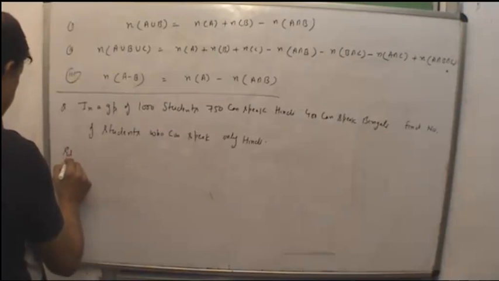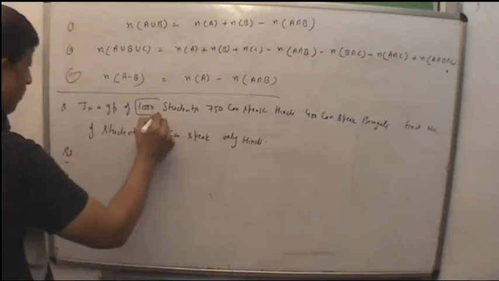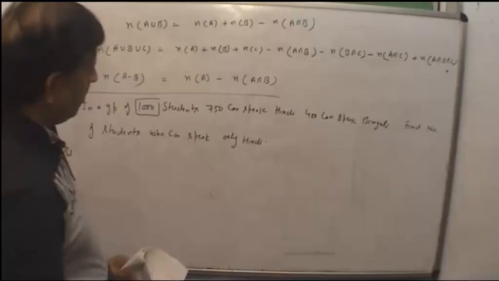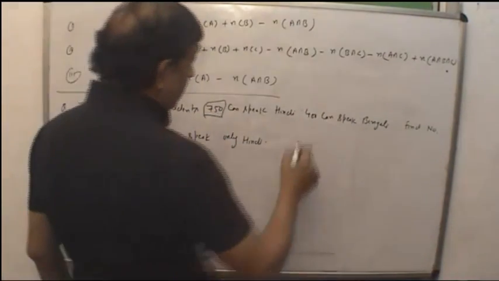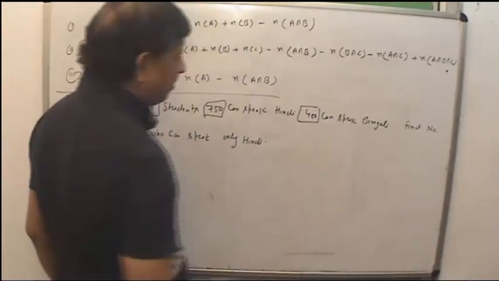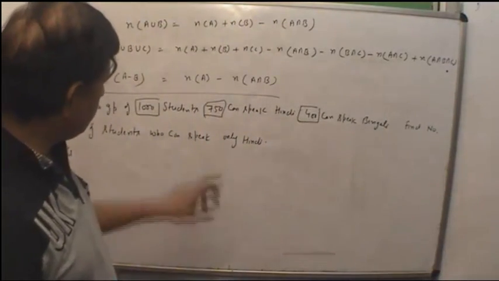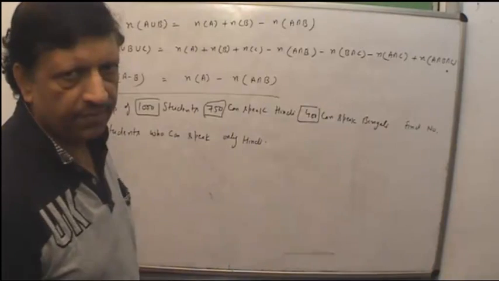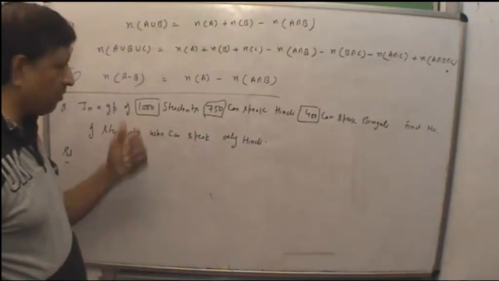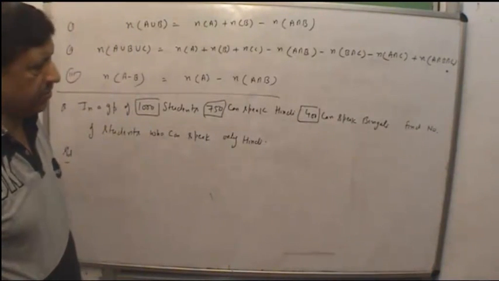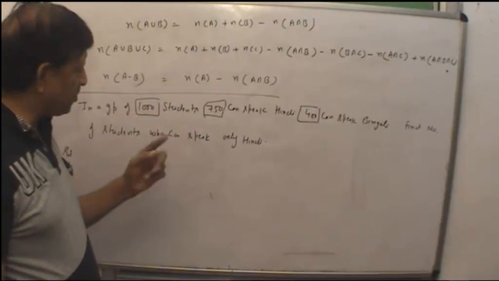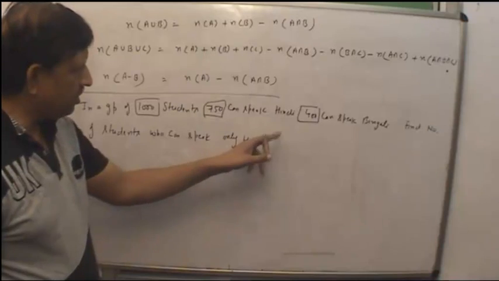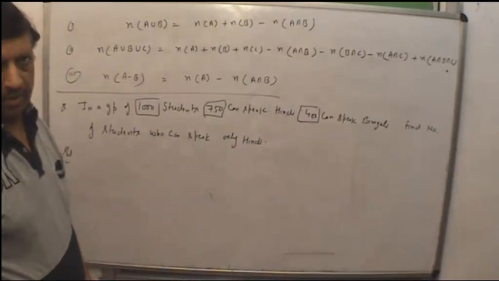We see there are total 1000 students. Here 750 can speak Hindi and 400 can speak Bengali. The total is 1150. That increased from 1000. It means there are many students present who can speak both Hindi and Bengali.